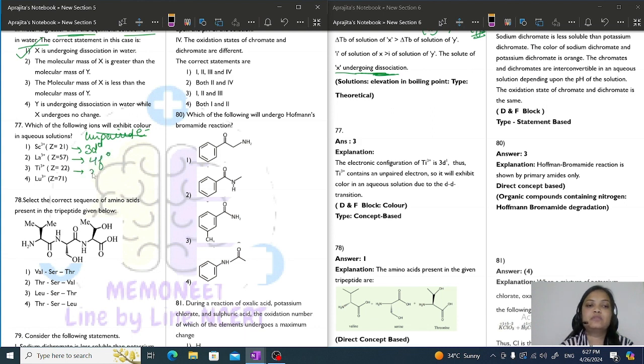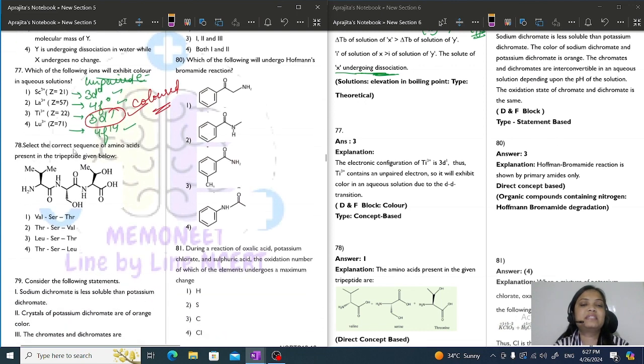Ti3+ is 3d1 and Lu3+ is 4f14. In the other three cases there is no unpaired electron, all of them are paired. But in Ti3+ there is 3d1, so it would be a colored substance, meaning this ion will exhibit color in aqueous solution, because there would be d-d transitions. The color is because of the d-d transitions only. So that is the answer.